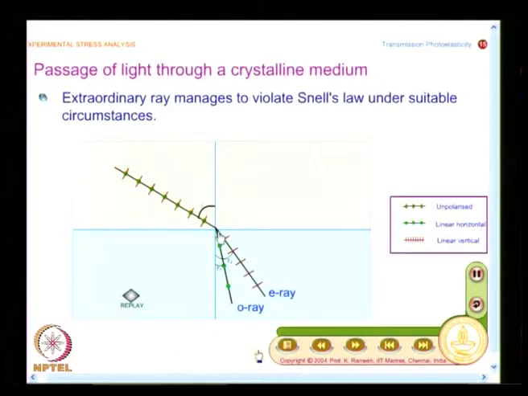So, for one incident ray there are two refracted beams. First observation is they move with different velocities, their planes of vibration are mutually perpendicular, but in this case they travel in different directions. So, that is not going to be convenient from a photoelasticity point of view, but this is used.